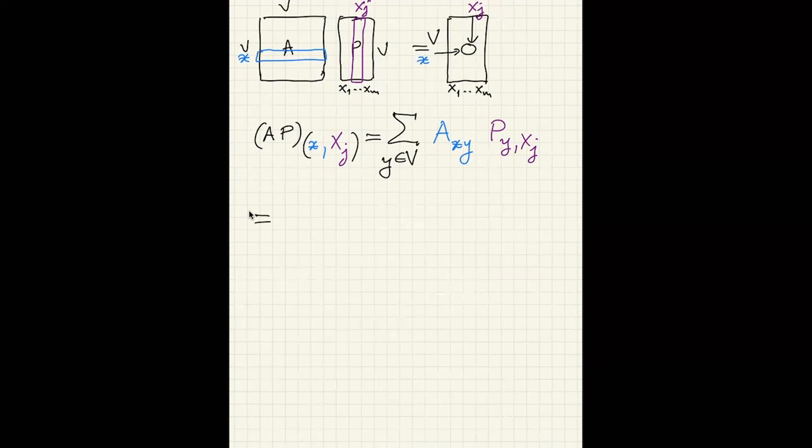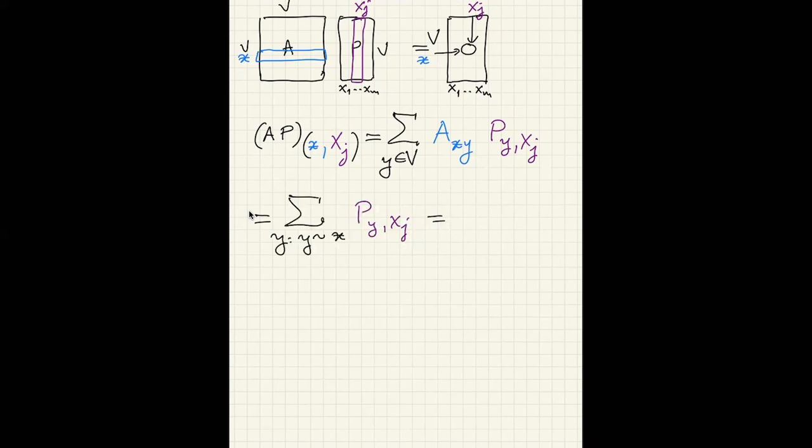Now, because A is the adjacency matrix, it's the same thing as before. The only AXY that survive are those Y's that are adjacent to X. So that's going to be a summation over all Y adjacent to X. That gets rid of the blue AXY, leaving P of Y Xj. But now P of Y Xj, what are the values there?